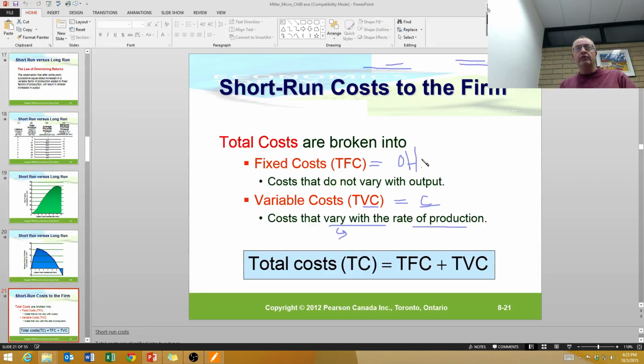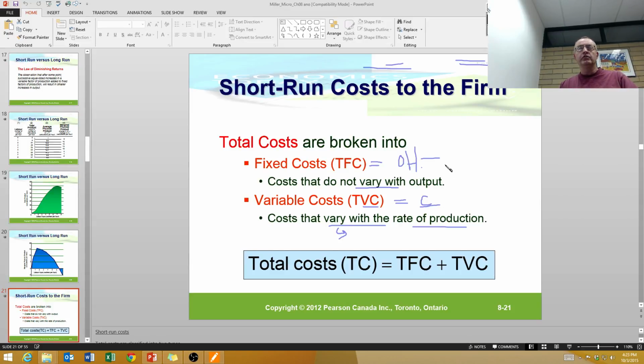And then we have fixed costs, otherwise known as overhead costs. And these are costs that are fixed regardless of the quantity of output, regardless of how many pizzas we sell. We still have to pay rent, we still have to pay property taxes, we still have to pay interest on our loan, we still have to pay advertising, we still have to pay our managers.